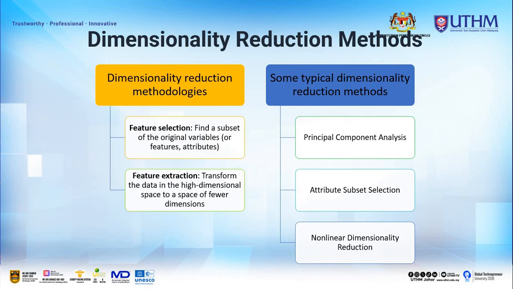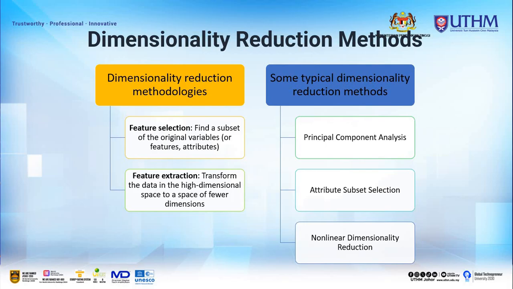Next, the methods for dimensionality reduction. Okay, we have feature selection and feature extraction. Under dimensionality reduction methodology, we have feature selection. It identifies the subset of original variables or features or attributes that are most relevant to the analysis.